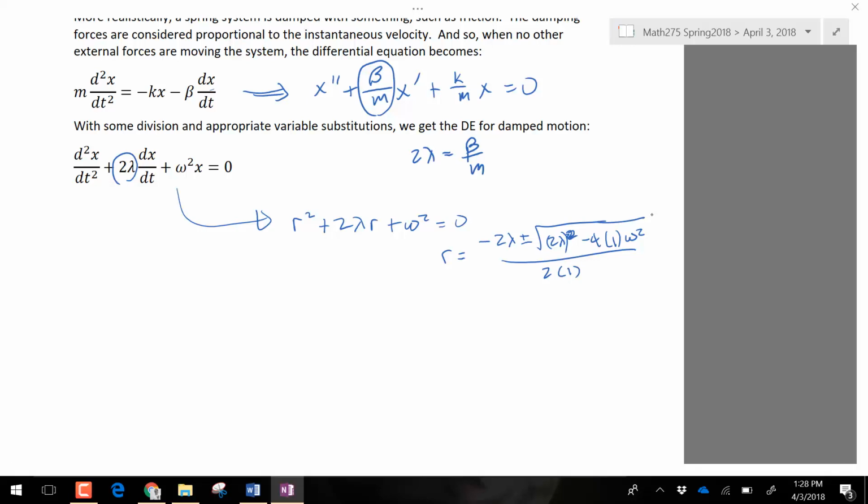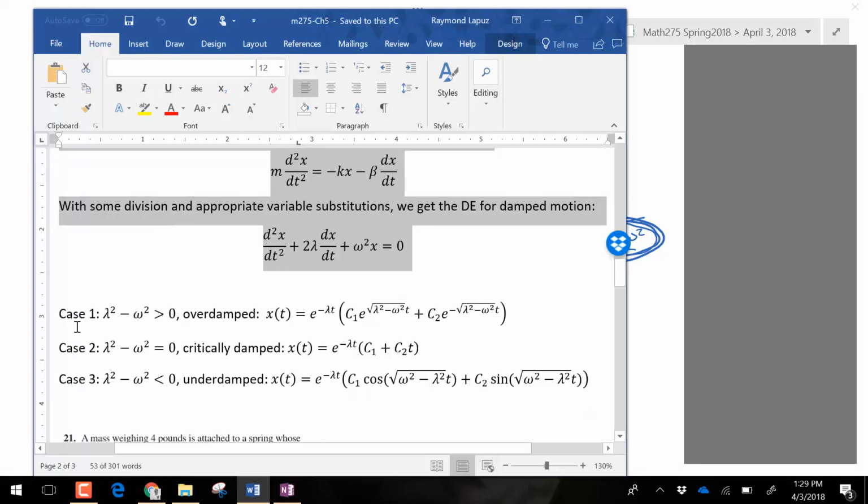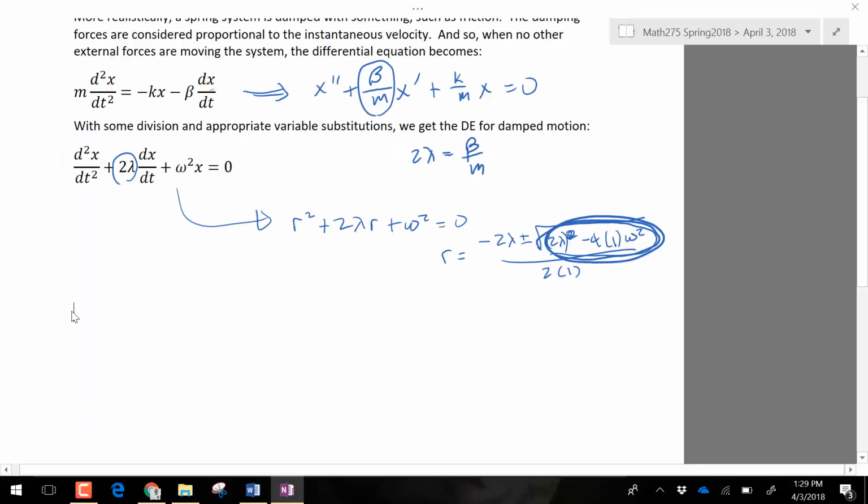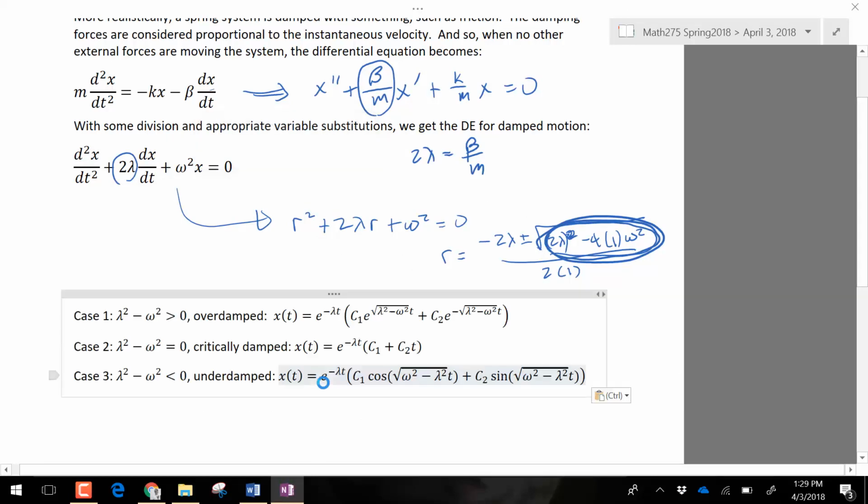So if you look at the thing in here, that's essentially 4 lambda squared minus 4 omega squared. And you can take the 4's out, then you're just left with lambda squared minus omega squared. So the 3 cases that we have there: the first is when lambda squared minus omega squared is bigger than 0.